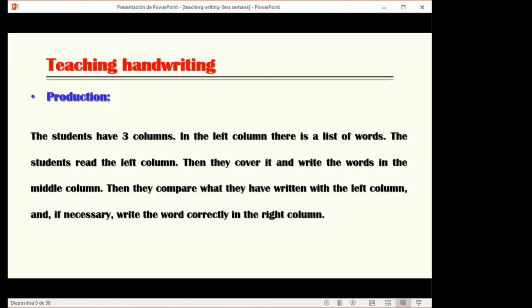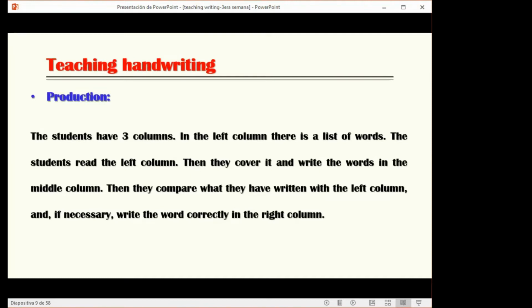And notice here you can practice this. You divide, in 3 columns, maybe the board or maybe a worksheet. In the left column, you have a list of words.